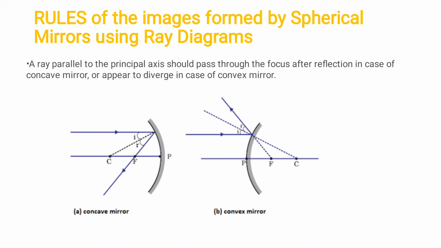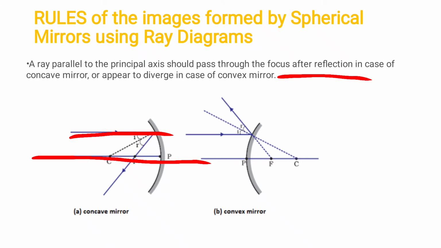The first rule states that a ray parallel to the principal axis, like here, this is the principal axis, should pass through the focus after reflection in case of concave mirror, or appear to diverge in case of convex mirror.